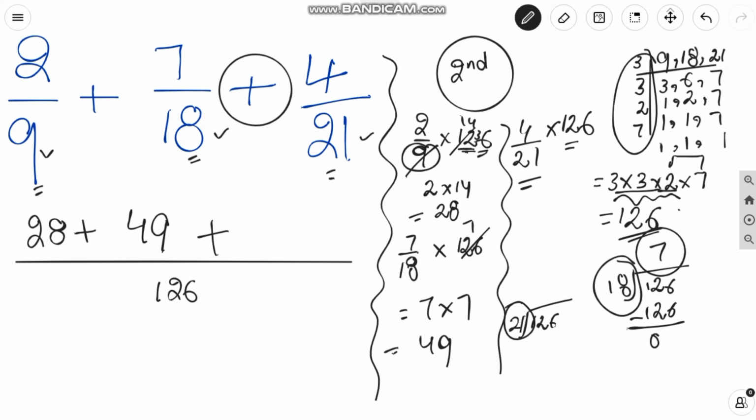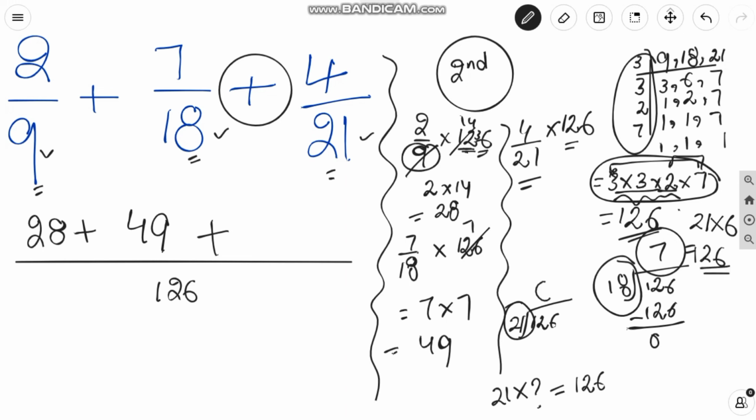Now find a number that multiplies with 21 and gives you 126. 7 3s the 21, now 3 to the 6. So multiply 6 with 21, it will give you 126. So just write 6 here.